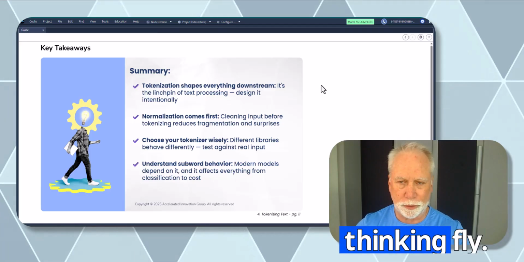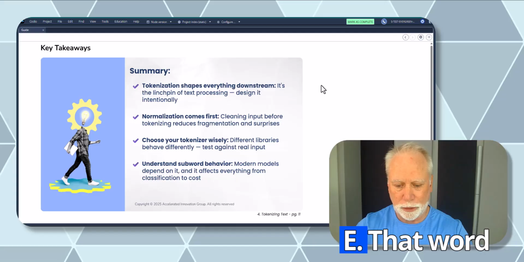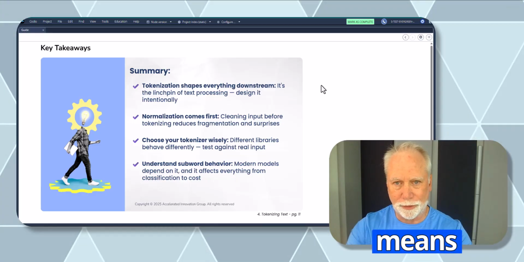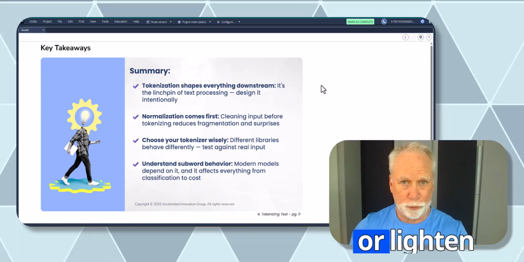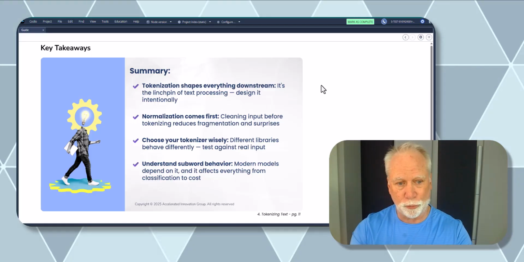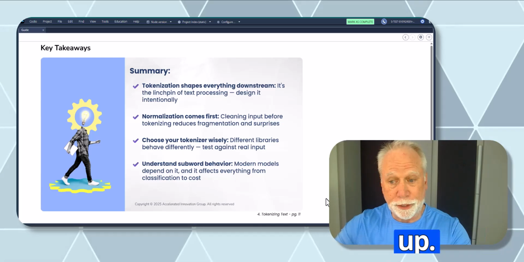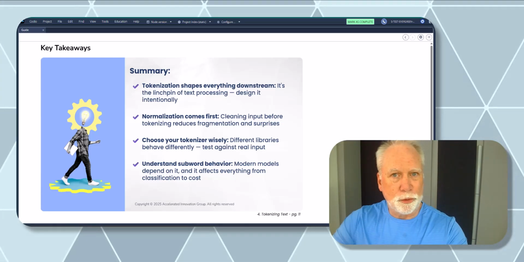So it's already thinking fly, what things are close to fly. And then it says TE. That word all in one means nothing, but it can infer the word flight from the FLI in the context of a T afterward, right? And that's what helps clean up and understand what's going on.